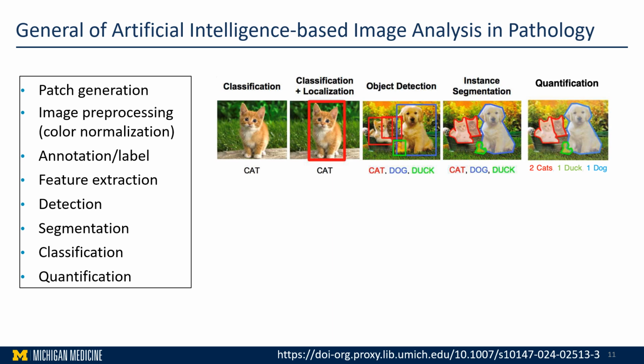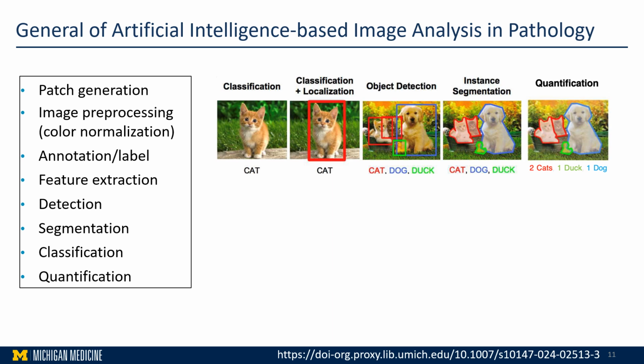for tasks such as detecting or segmenting different classes. Once the model can detect, localize, or segment each class, the resulting data can be used for quantification. And here the distinction between segmentation and detection lies in their output.